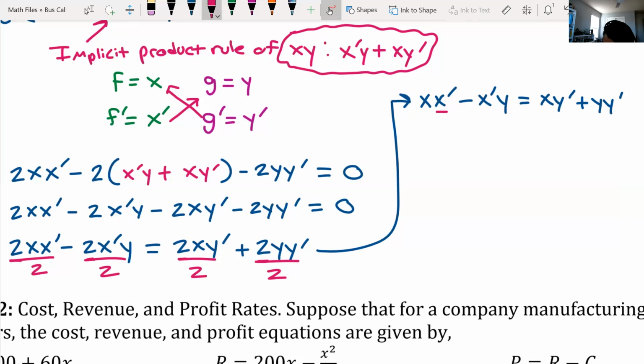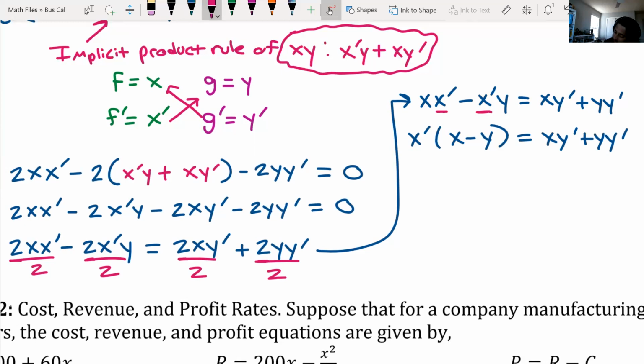So I have an x prime here and an x prime there. So I'm going to factor out an x prime, which would leave me with x minus y equal to xy prime plus yy prime.